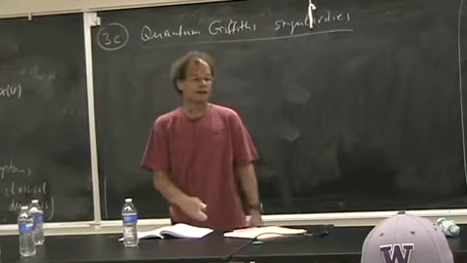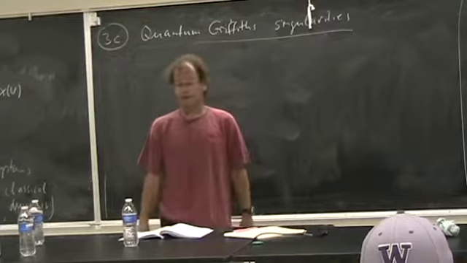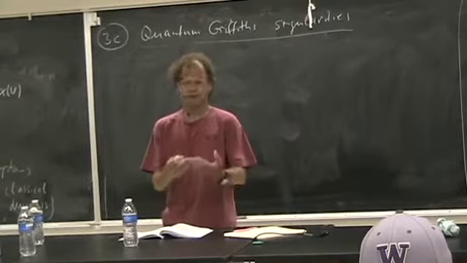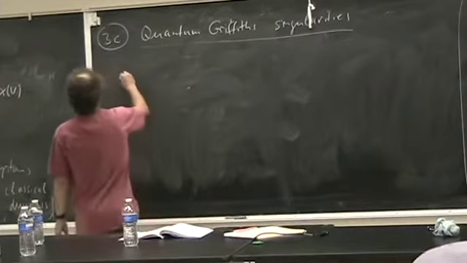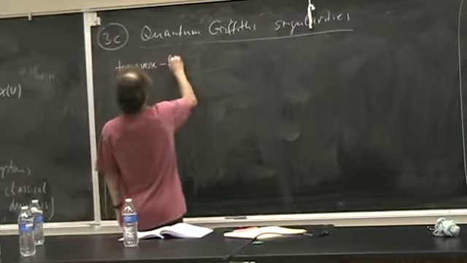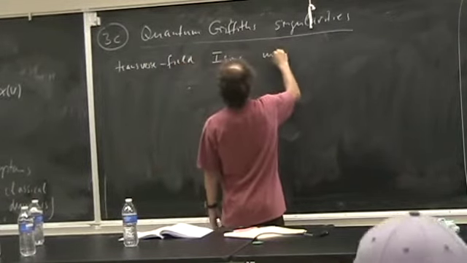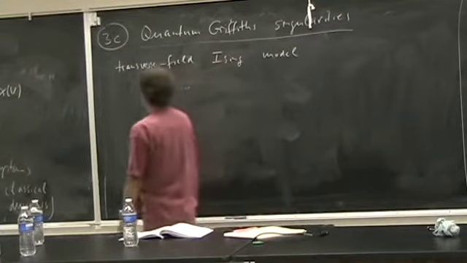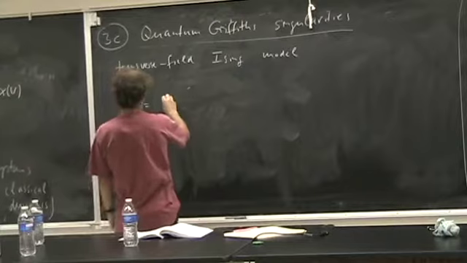So the same model that Gil was talking about on Friday in one dimension. I want to look at the higher dimensional version and put in dilution just as we did before. Okay? So, the transverse field Ising model. So you've seen the Hamiltonian probably several times.